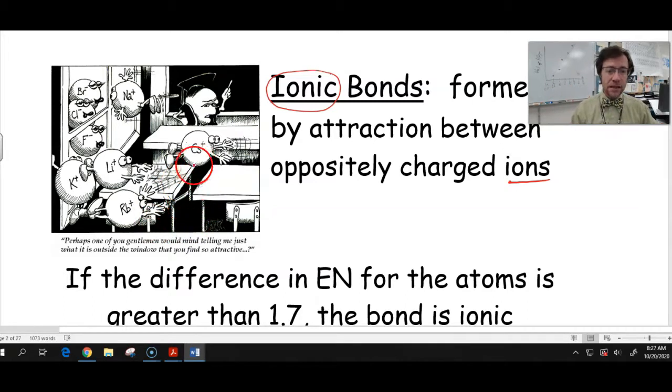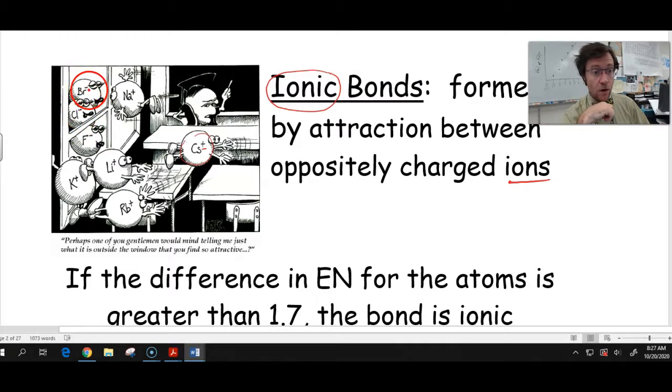So basically what happens is, if you have something like this here, the cesium, it has a charge of +1, and it has a charge of +1 because it lost its valence electron. It's a metal. It's far to the left on the periodic table. It can barely hold on to its electrons. But out here on the outside, we've got a bunch of halogens. Now the halogens, very opposite to the metals, have incredibly high electronegativities.